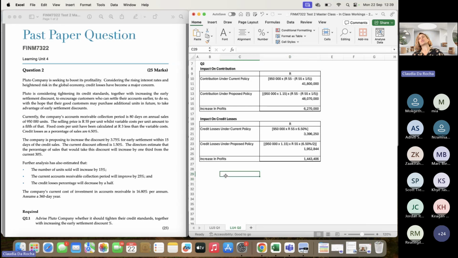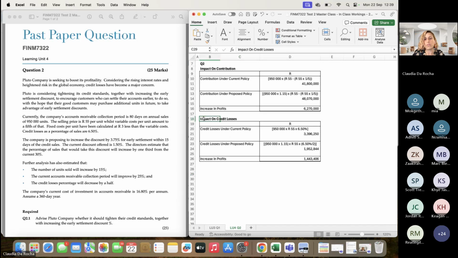Okay, so before we go on to the marginal cost of investment in accounts receivable, there's one extra thing in this question. Like I said, normally these questions only have 3 steps: impact on contribution, impact on credit loss, impact on your marginal cost of investment in accounts receivable. Here, there's a 4th one, which is the settlement discount.